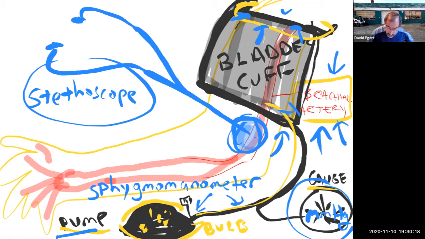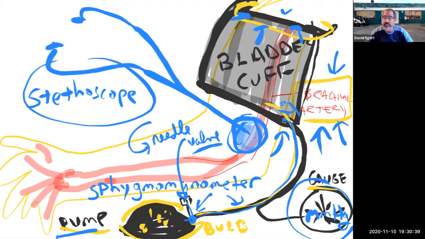There's this little needle valve here. You have to open it when you pump in, but once you've got it pumped up high enough, you can close this off. Then if you want to let the air out, you can turn the little needle valve and bleed the air out. So this is the setup.